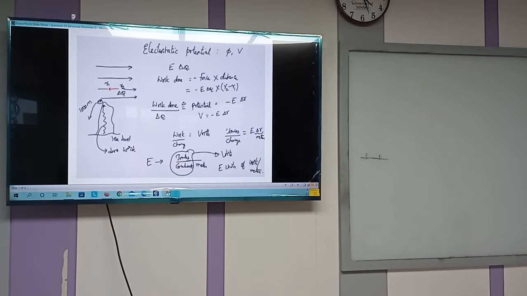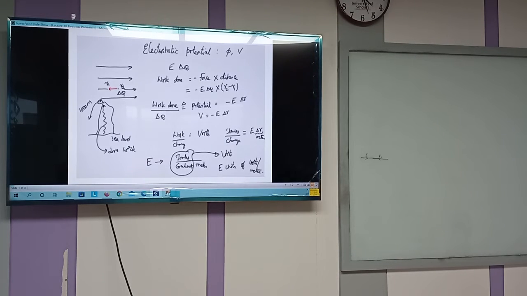What I would have to do is perform some work. In which way am I performing the work? I am actually moving the charge against the field. So basically I am moving the charge from R2 to R1.